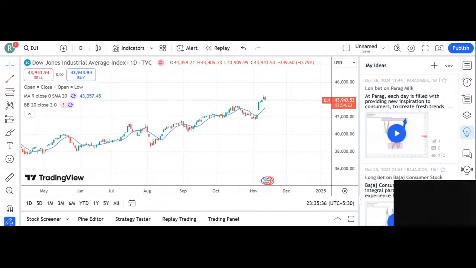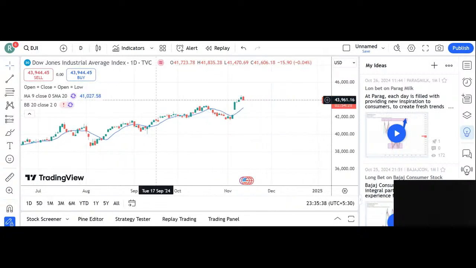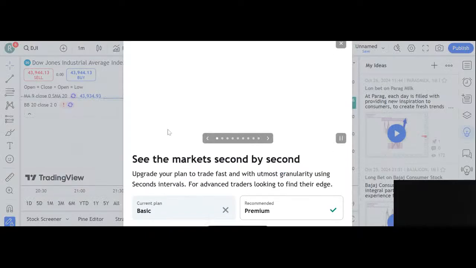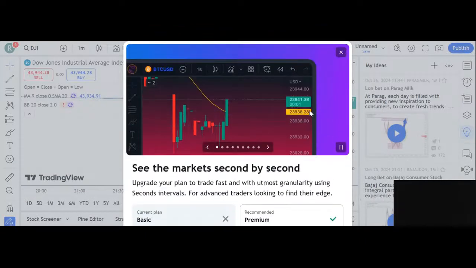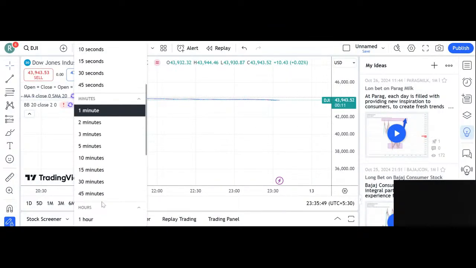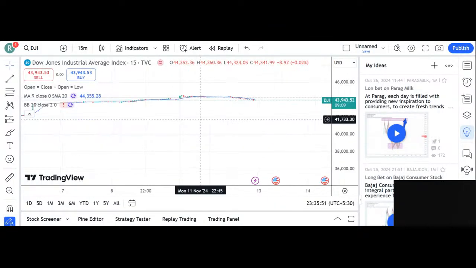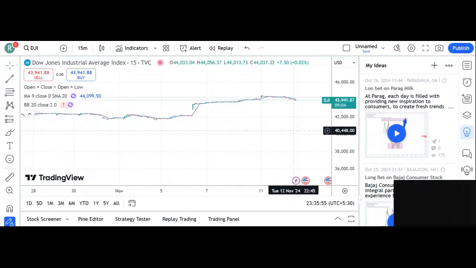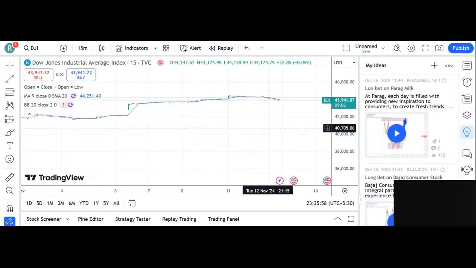I feel like the Dow Jones is making... Let us go with a 15-minute time frame. Is there any probability? No worries. We will go with the 15 minutes time frame. It is showing a little bit of bearishness in today's trade.